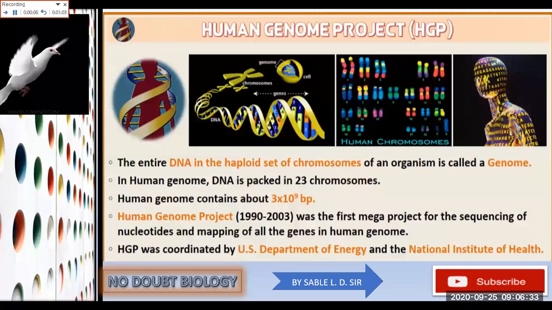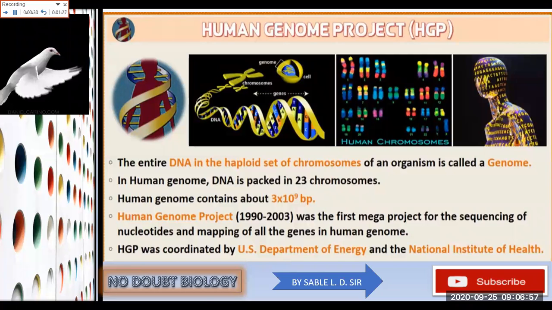So what actually do we have to study in the Human Genome Project? We have to study the entire DNA in the haploid set of the chromosomes. Haploid means a single set of the chromosomes. The haploid set of chromosomes of an organism is called the genome.